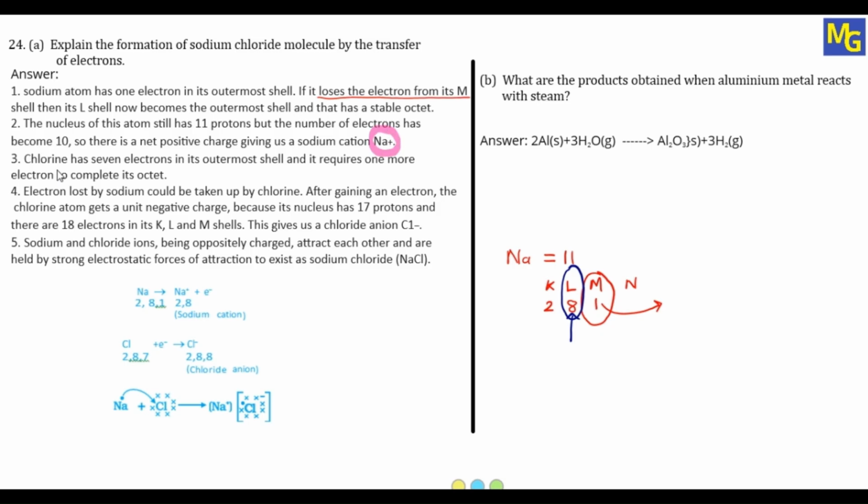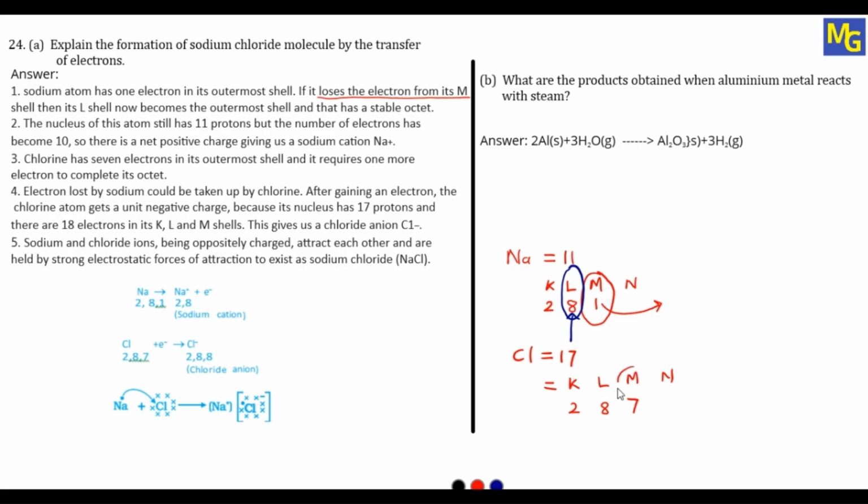Now if you see chlorine, chlorine has 7 electrons in the outermost shell and it requires 1 electron to complete its octet. So if I take chlorine, its atomic number is 17, which means 17 protons, 17 electrons. Write down the electronic configuration K, L, M: 2, 8, 7, total 17.